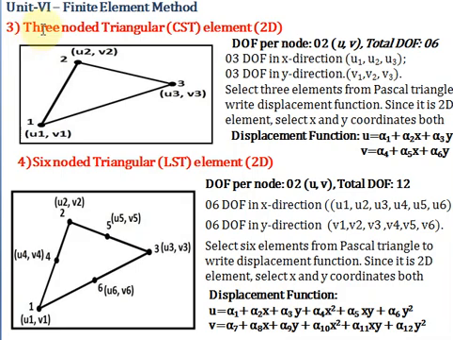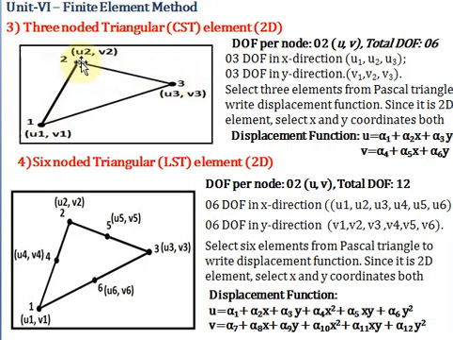Now when we see the three noded triangular element, which is called the CST element, CST is nothing but the constant strain triangle. This is a two-dimensional element. The number of nodes is equal to 3.